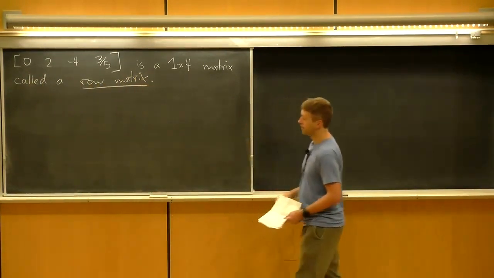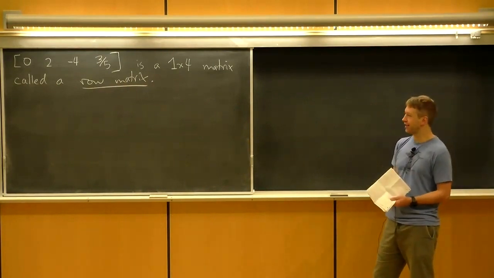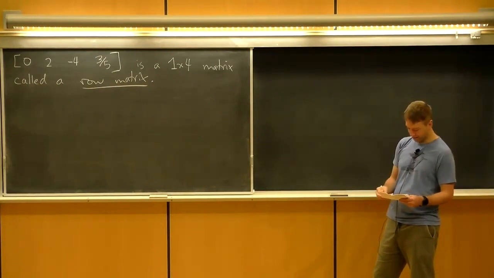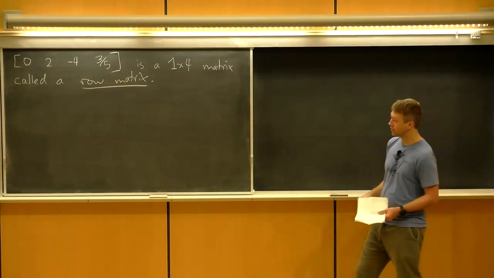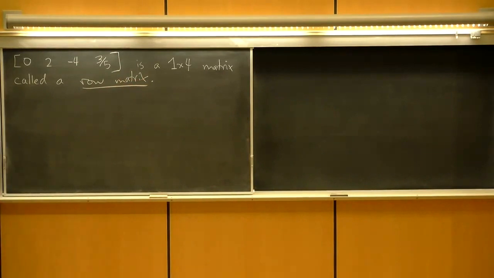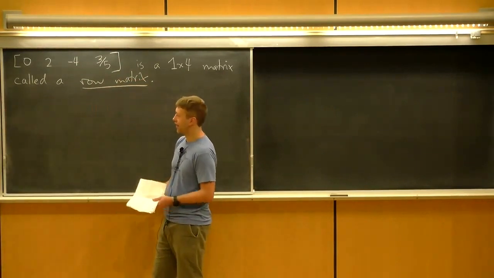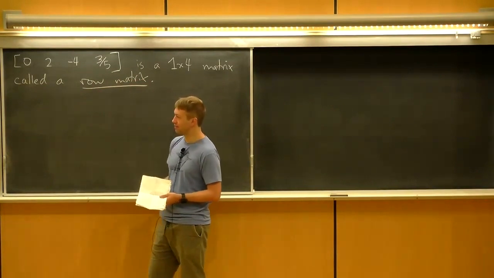This is all just terminology. These are special types of matrices if you just have 1 column or 1 row, and these are going to come up at various points.